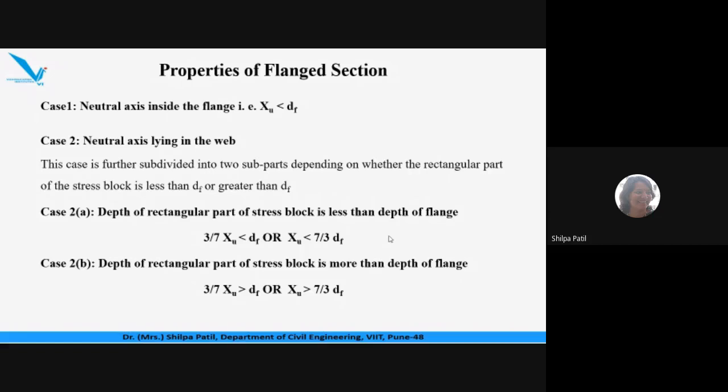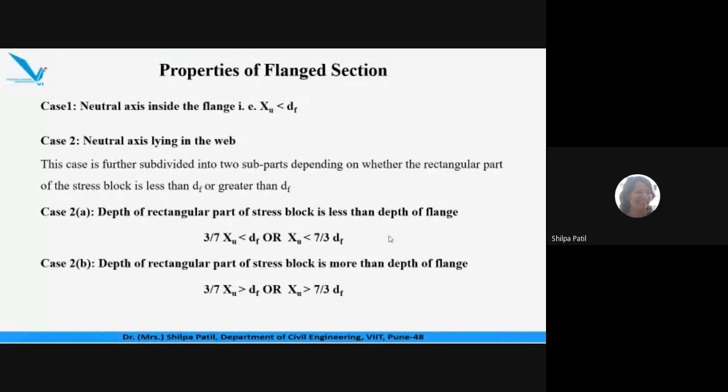So in short, the design of a T-beam is a little bit complicated as compared to a singly reinforced or doubly reinforced section. Practically, how do we design? Practically, we always consider that the neutral axis lies inside the flange, and we always do the calculation based on this assumption, because all further calculation reduces, and to achieve easiness in the calculation, we always consider case 1.